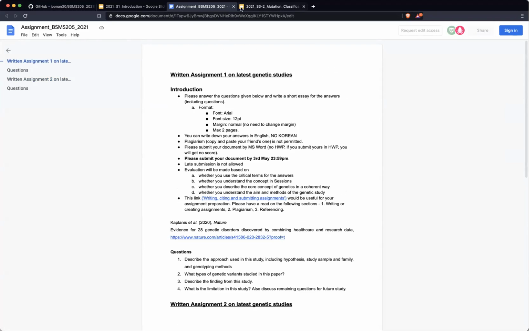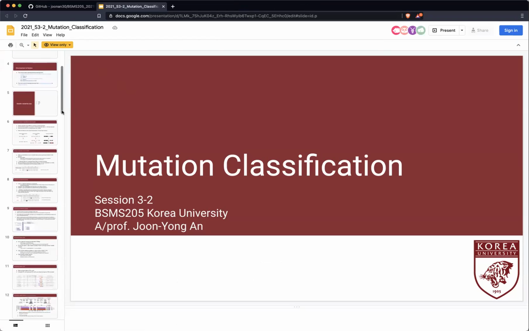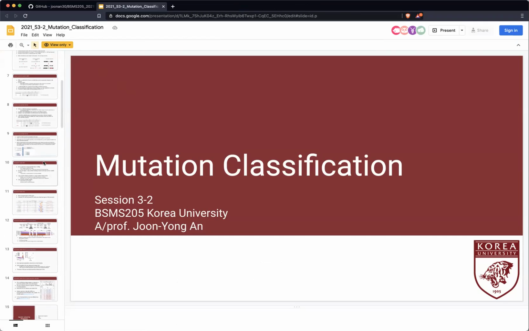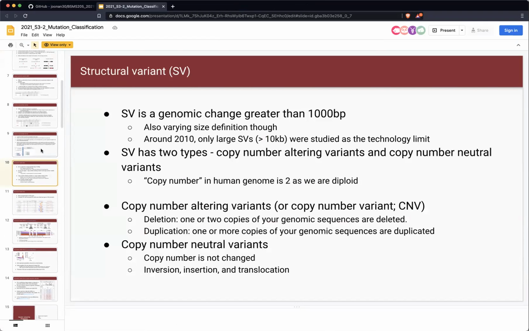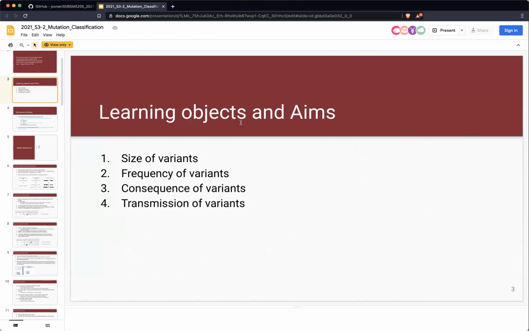Okay, so back to today's topic. We covered some of the introductory part of mutation classification in the last lecture, and we dealt with the different ways to classify the types of mutation in our genome, right?